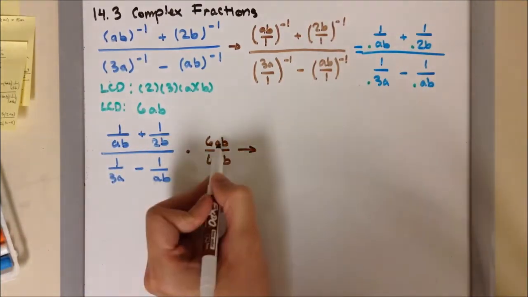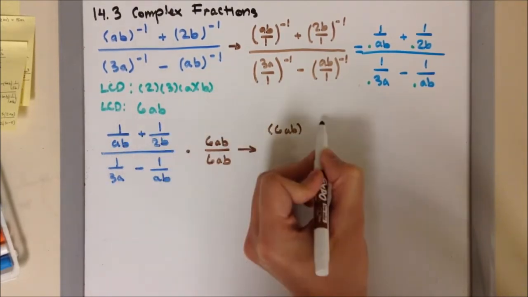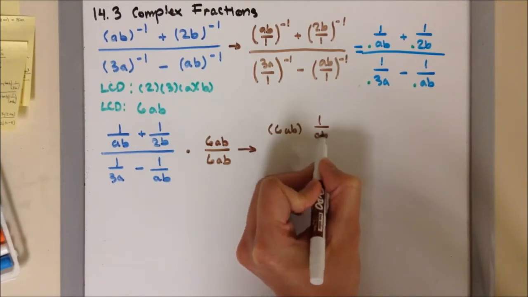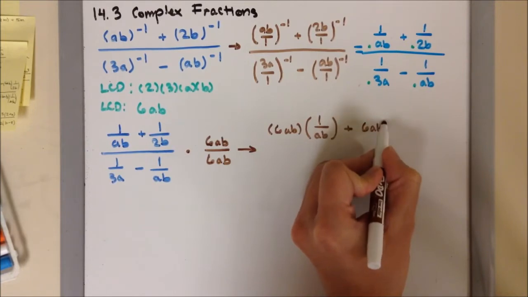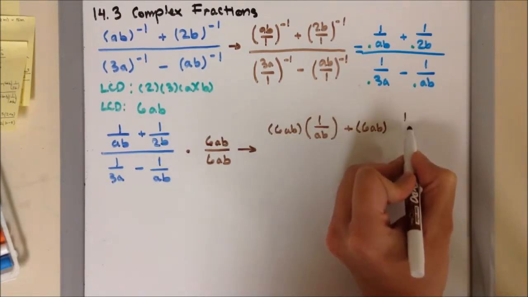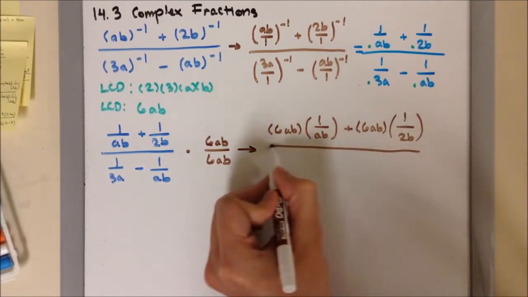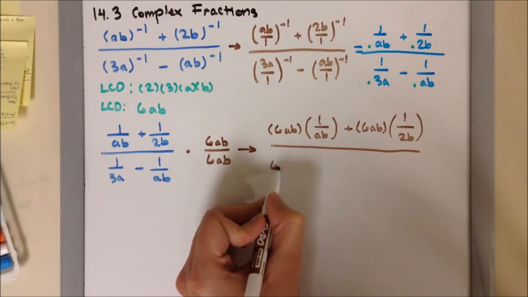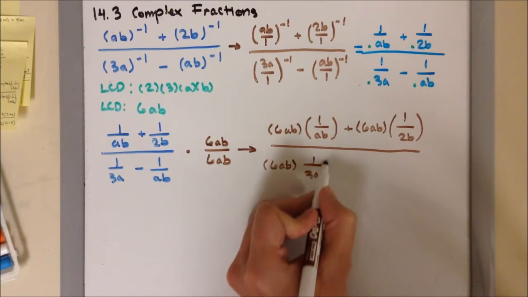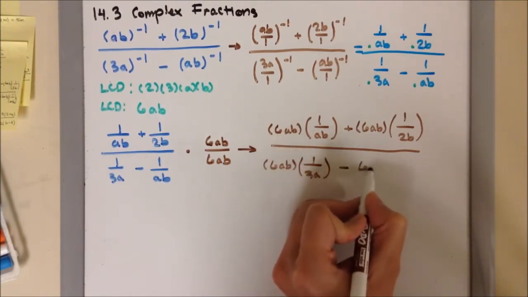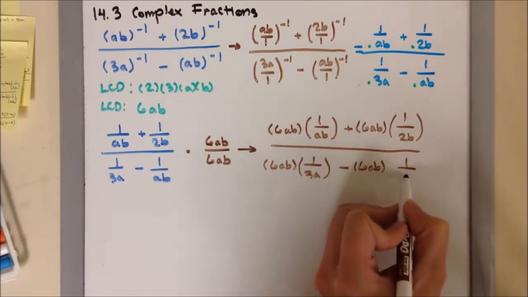So I multiply 6AB to 1 over AB, plus 6AB again multiplied to the second fraction, 1 over 2B. Now the denominator of the complex fraction: 6AB times 1 over 3A, minus 6AB times the second fraction of the denominator, 1 over AB.